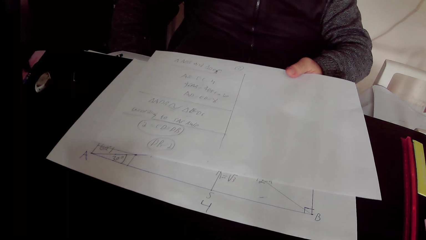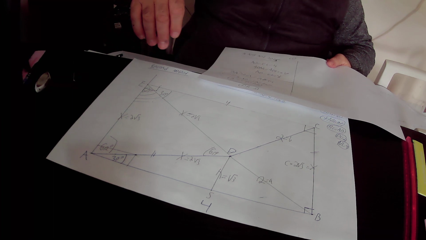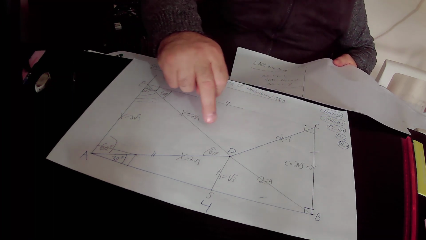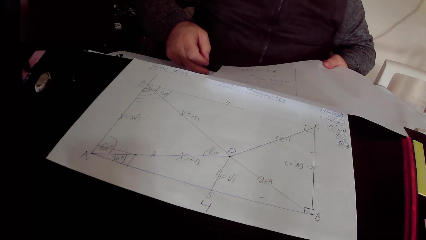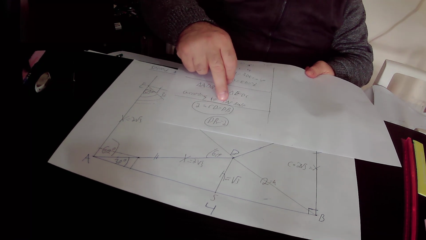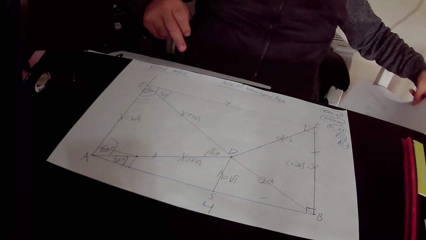And from the fact that those two triangles can go into each other, we will conclude that CD equals DB. But it is given in the question that CD equals 2 units. From this equation we will derive that DB also equals 2 units.